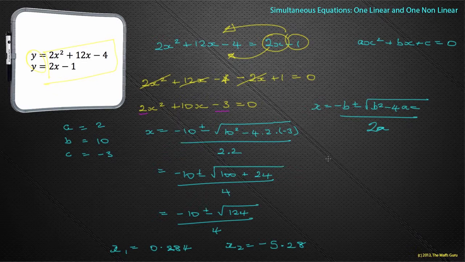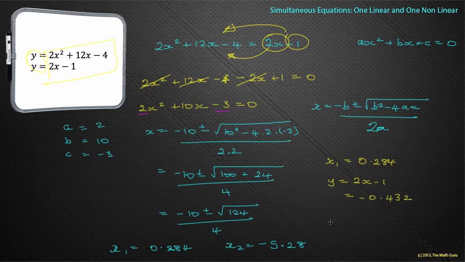Having got my x1 value, how do I find my y1 value? Well, again, use the formula: if x is 0.284 and y is equal to 2x minus 1, then my trusty calculator tells me that that value works out to minus 0.432.